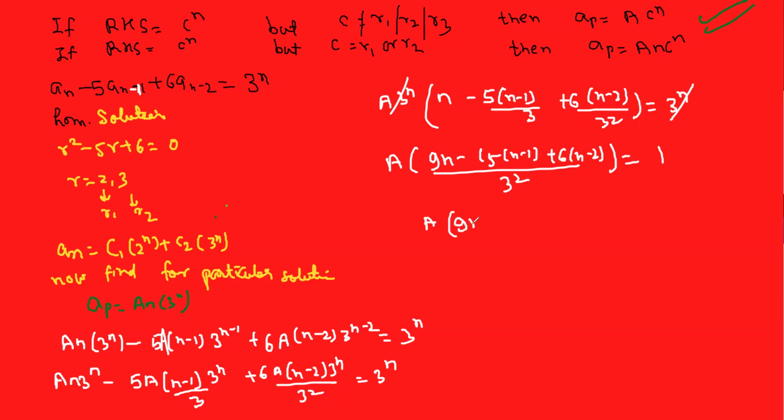Now open the bracket. 9 n minus 15 n plus 15 n, 15 plus 12. This will cancel.